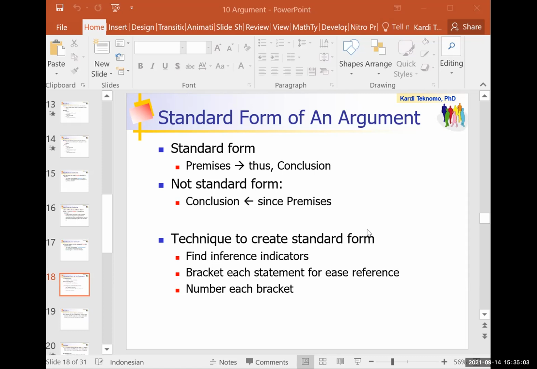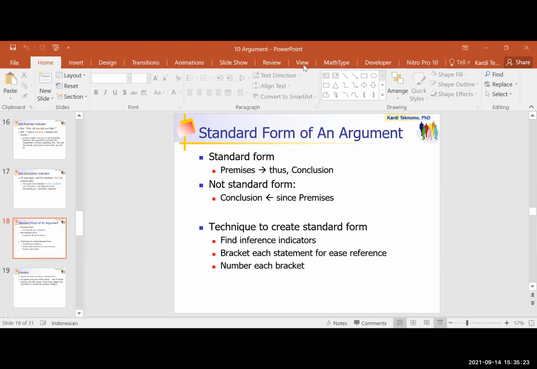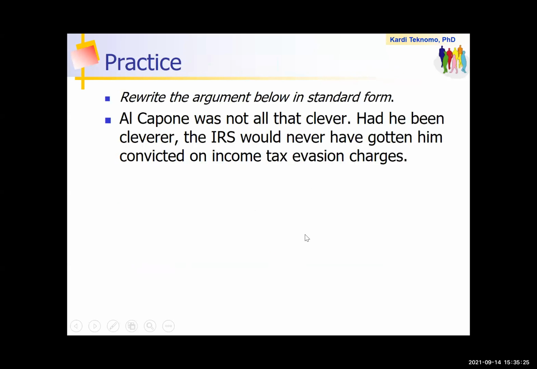After that, the fourth one that is not here is to draw the if-then. To draw the if-then, you will create a diagram of the argument. Okay. Let's practice.